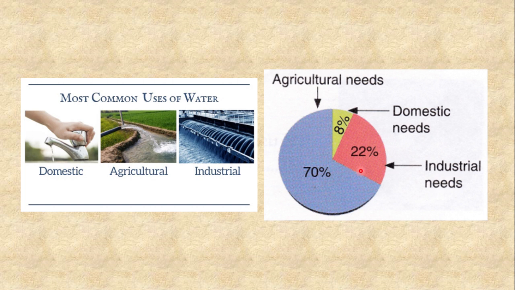Then the pink area is shown, that is about 22% for industrial needs. It means we use the water in industries. We will see in detail where we use this water. And 8% that we use in the domestic needs. These are some common uses and general quantity of the water that we use in these levels.